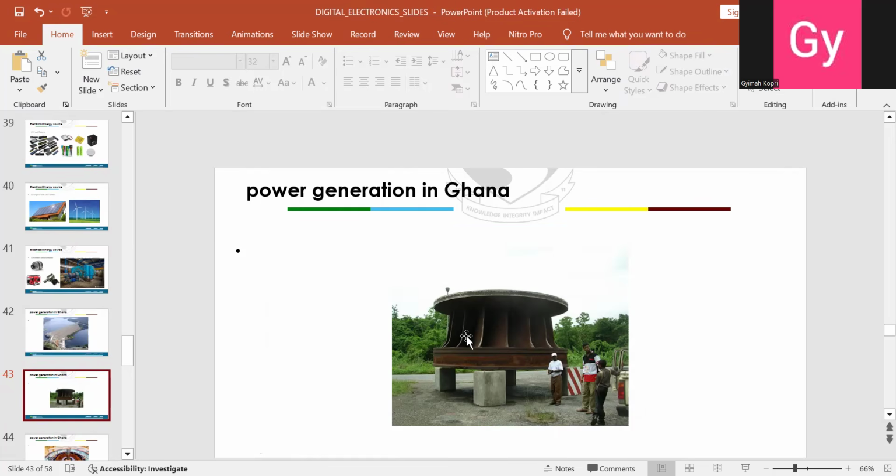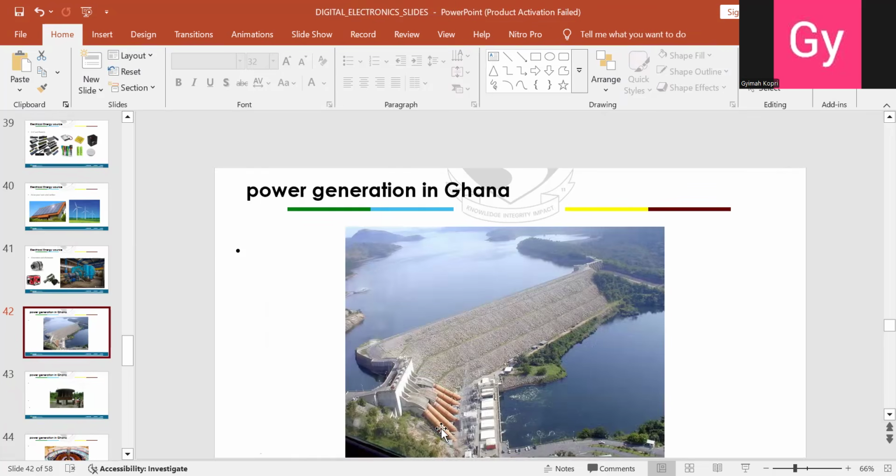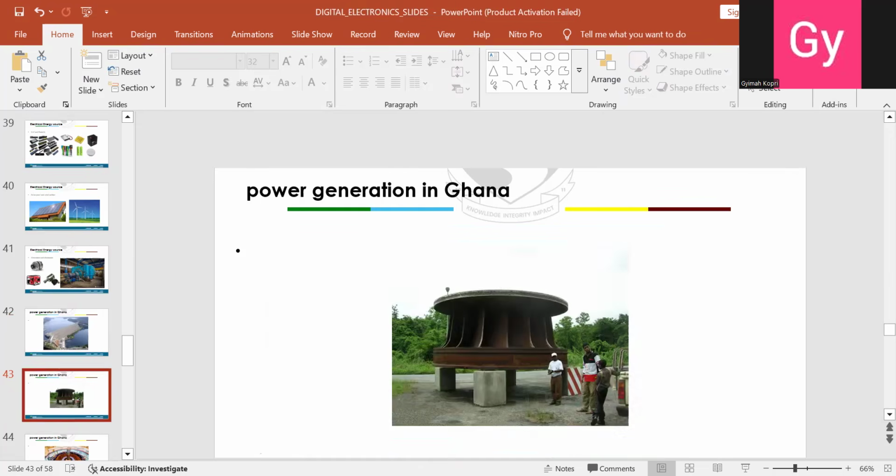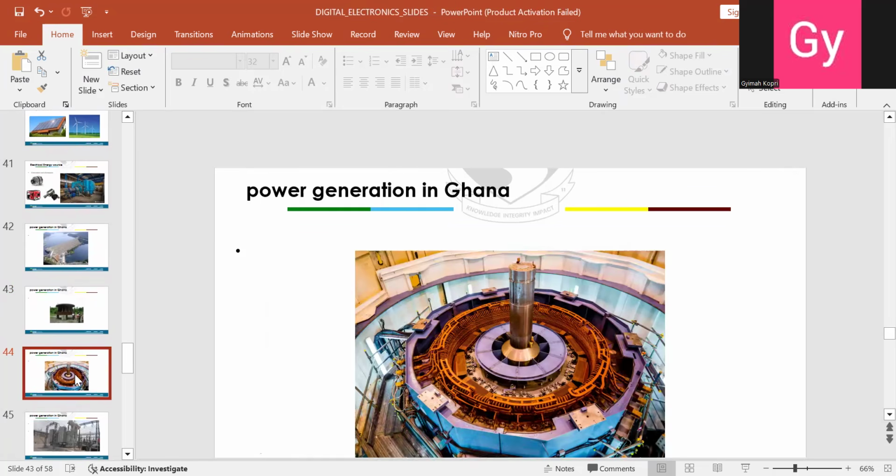So when the water comes out of those penstocks, so these things we call them penstocks, those kind of pipes that I showed you. They are the penstocks. So what comes out of it is a very high speed of water. Then we use it to hit the blades of those. But remember this thing too, which is a turbine, is also coupled to something called an alternator.